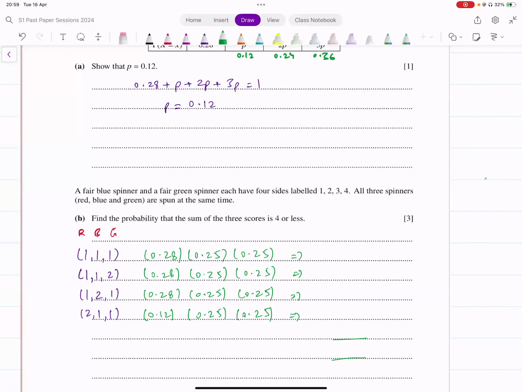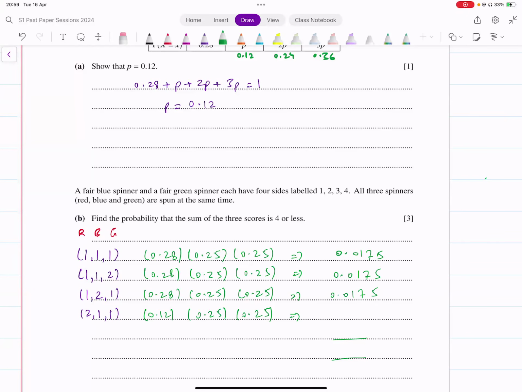So you can calculate one of them and then multiply that by 3. 0.28 into 0.25 into 0.25, that's giving me 0.0175. This is also going to be 0.0175. This is also going to be 0.0175. And the last one is going to be 0.12 into 0.25 into 0.25.